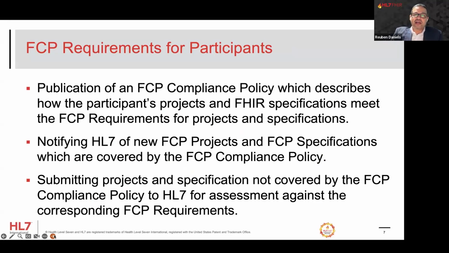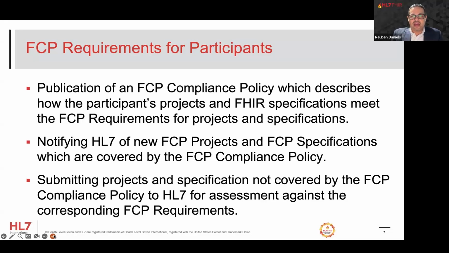Participants also need to notify HL7 of all their new FCP projects and specifications, which are covered under that compliance policy. And if they have any projects or specifications not covered by that policy, but they still wish for them to be recognized as FCP projects and specifications, they are required to submit those for assessment under the corresponding FCP requirements.